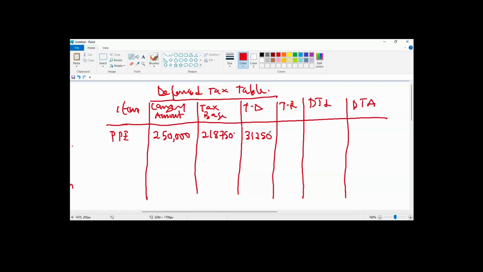I will go to the question. Additional information 5. The tax rate is 30% for 2017. The government has not announced the tax rate for 2018, but it is expected to rise to 36%.